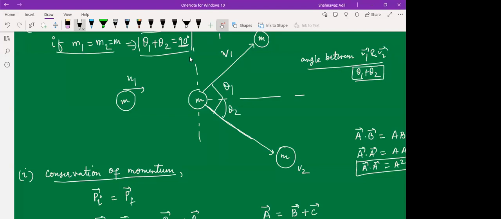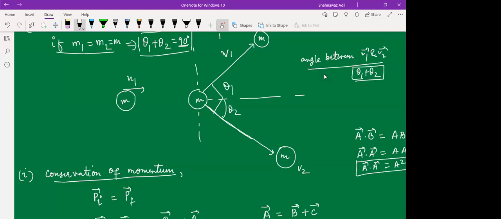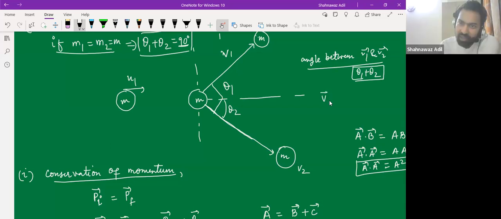Yes, sir. So we know from this figure that theta 1 plus theta 2 is the angle between V1 and V2, correct? Yes, sir. So if I take V1 dot V2, this would be how much?